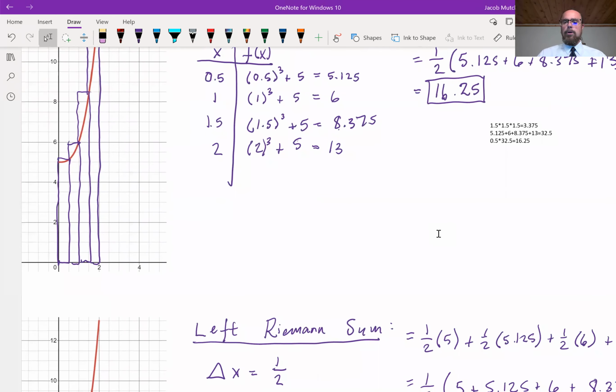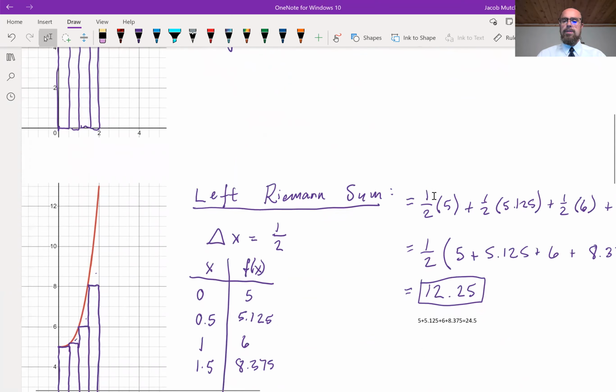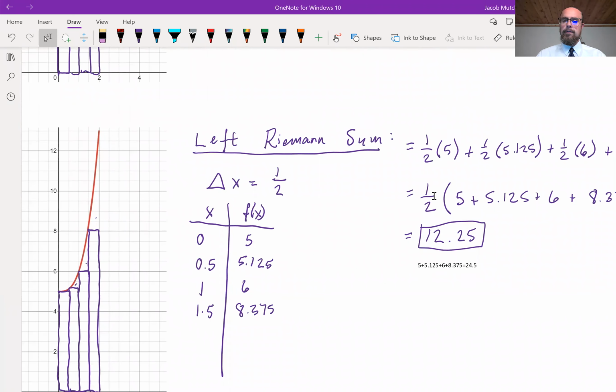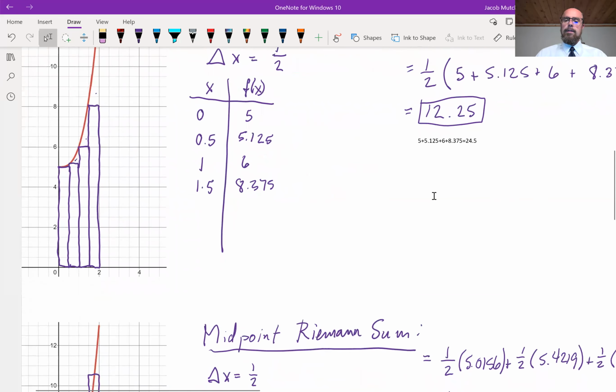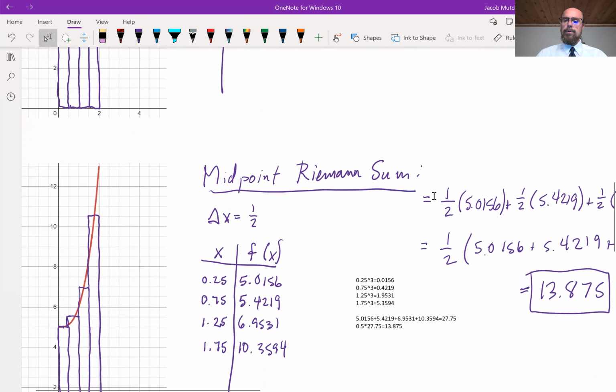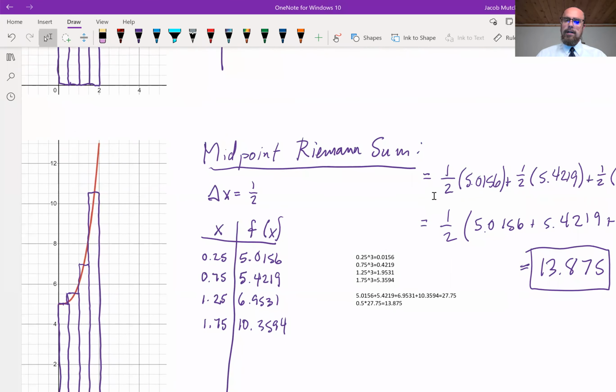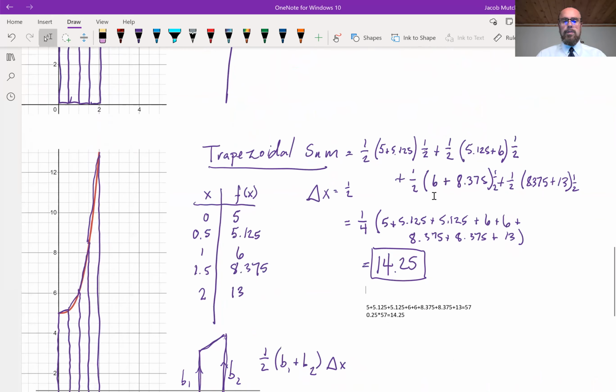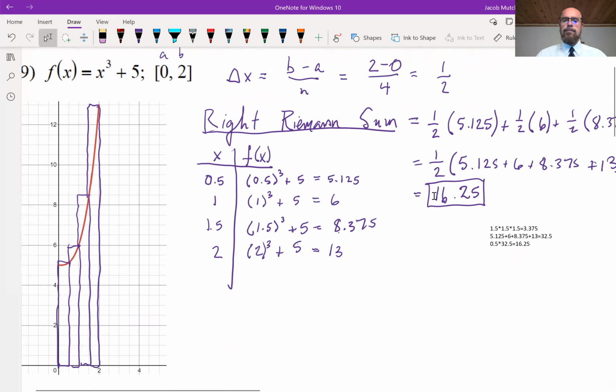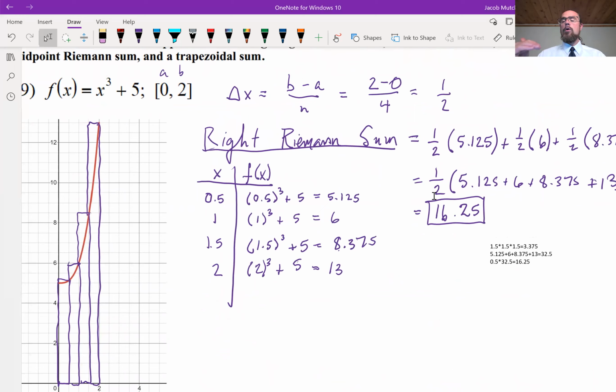So again, it probably would be useful just to consider how they're organized. My extreme underestimate is going to be the left Riemann sum at 12.25. The next one is going to be the midpoint Riemann sum, 13.875. Then the trapezoidal sum, 14.25. And the extreme overestimate would have been 16 1/4.